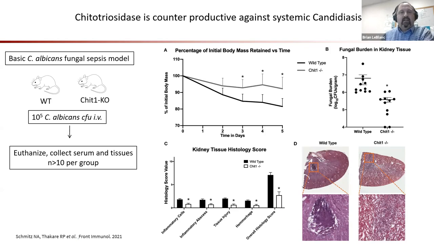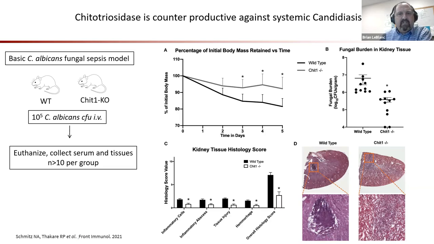So after 5 days, I harvested the organs and I looked at the amount of fungal burden in the kidney, and the wild type has a little less than 10 to the 7th CFUs of Candida, and we had a significant decrease in the fungal burden of mice that are deficient in chitotriosidase. And actually, we had 2 mice that pretty much cleared the infection.